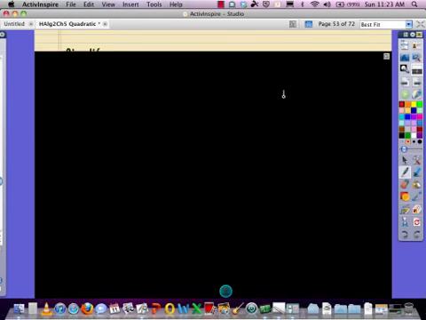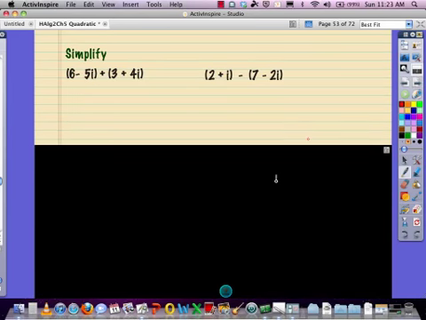Now again, let's just shade this so that we can do one at a time, or at least only see two in this case. So if you look at what I have here, I'm looking at 6 minus 5i, which is a complex number, added to 3 plus 4i, which is also a complex number. So the rule in the complex numbers is to add the real part plus real part and the imaginary plus the imaginary.